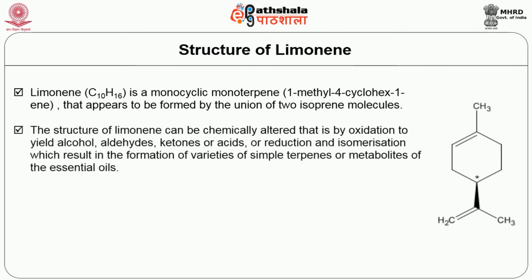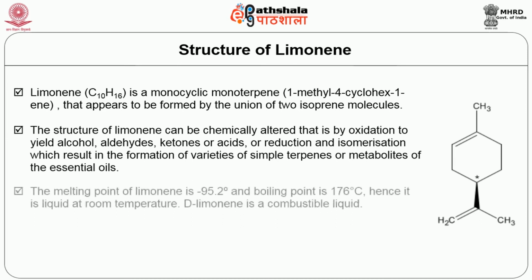The structure of limonene can be chemically altered, that is by oxidation to yield alcohols, aldehydes, ketones or acids, or reduction and isomerization, which result in the formation of varieties of simple terpenes or metabolites of the essential oils. The melting point of limonene is minus 95.2 degrees and the boiling point is 176 degrees centigrade.